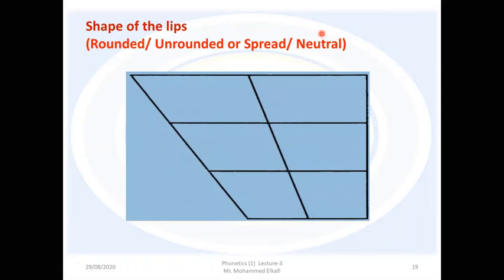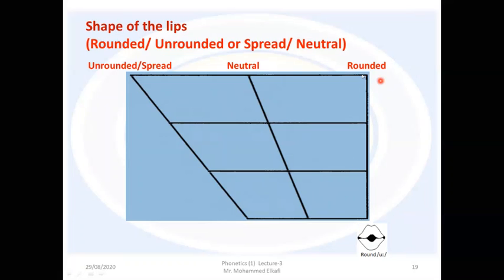So let's see the quadrilateral diagram that can tell us about this point. In case the sound comes from the back part of the tongue, the shape of the lips will be rounded, as in ooh, food.